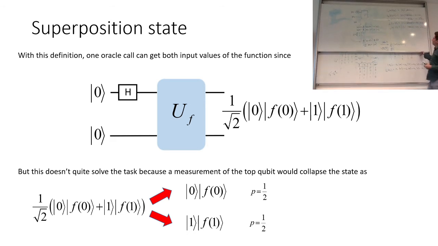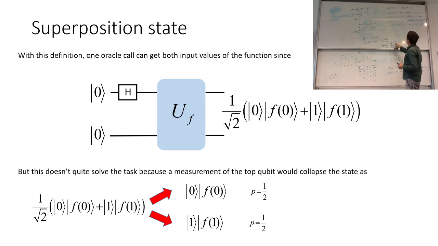So for the input of 0, 0, we need to look at this one: this becomes 0 and f of 0. And for 1, 0, we need to look up this one. That is 1 and f of 1, which is what I've got there.